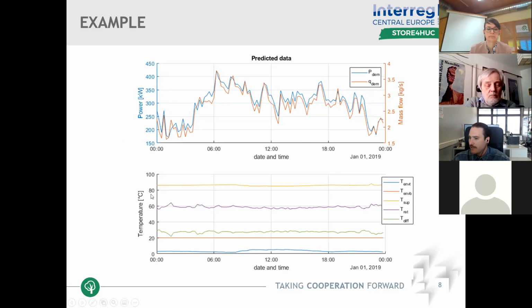And we can see why also in the bottom picture, where there are temperatures. So the yellow line is the supply temperature needed, which is kept mostly constant at 85 degrees. And the return temperature is this purple line, which is also kept more or less constant at 60 degrees.